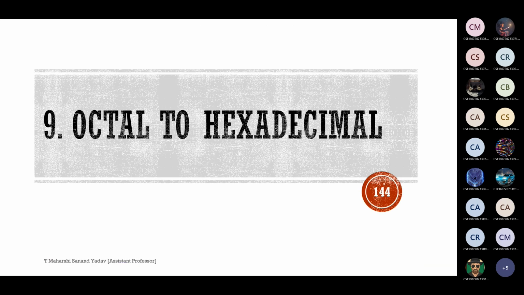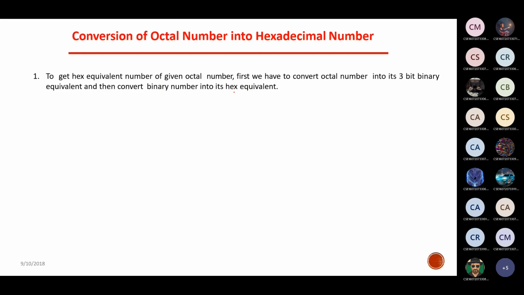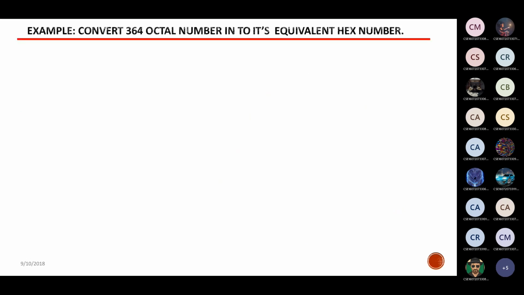Next, octal to hexadecimal. This is important. Tell me the procedure now. Convert octal to binary and then binary to hexadecimal. Correct. Note down this question. 364, which is in octal, into hexa.